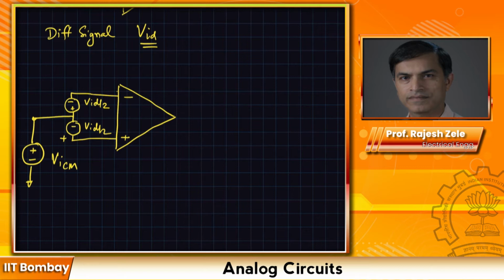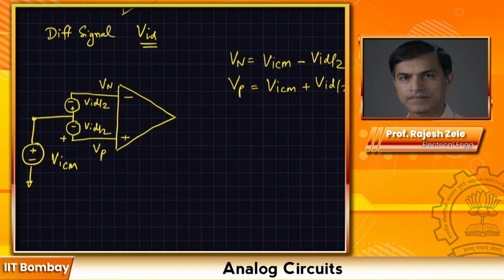Now let's figure out using KVL what's the potential at Vn and what's the potential at Vp. So Vn will be equal to VICM minus VID by 2, and Vp will be equal to VICM plus VID divided by 2.